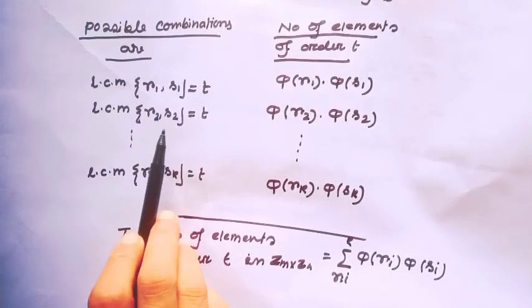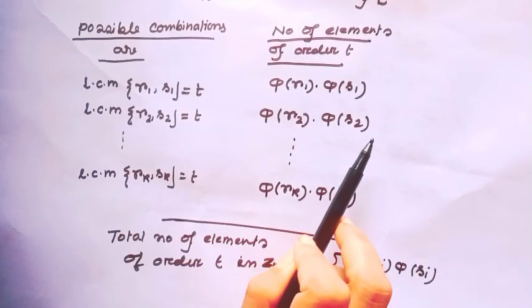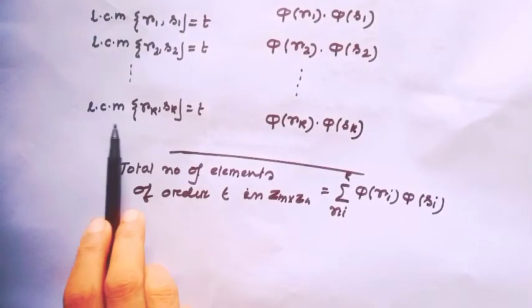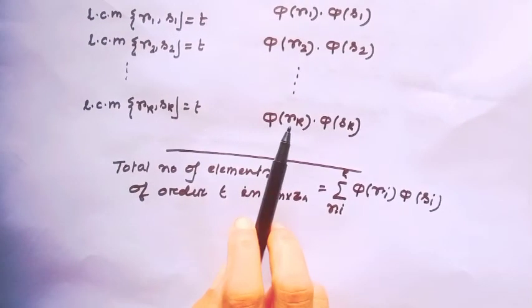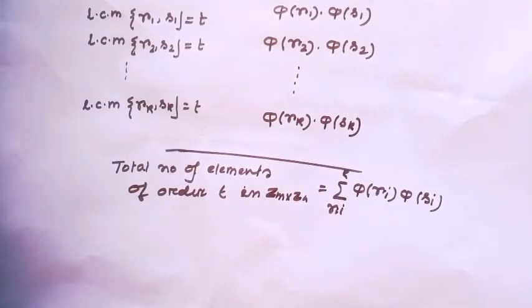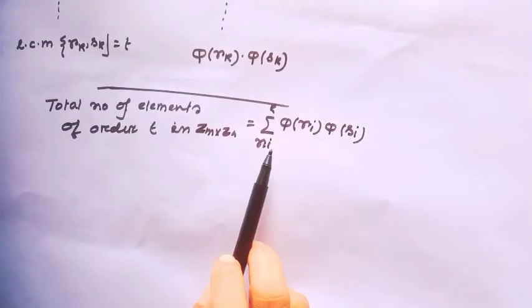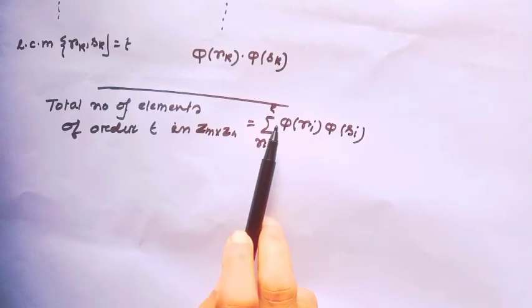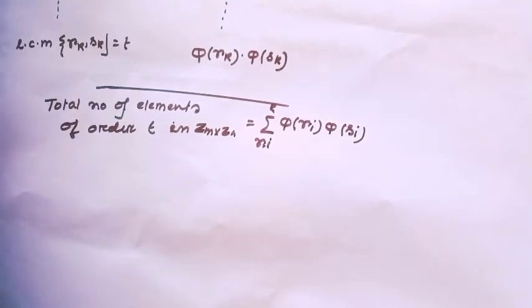Other LCM of r2, s2 equal to t, number of elements phi r2 times phi s2, up to LCM of rk and sk equal to t, and number of elements of order t equals phi rk times phi sk. So the total number of elements of order t in Zm direct product Zn equals summation i equal to 1 up to k of phi ri times phi si. Okay? Are you getting the possibility?